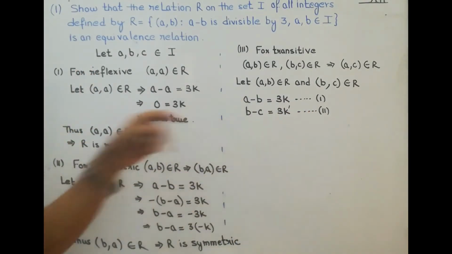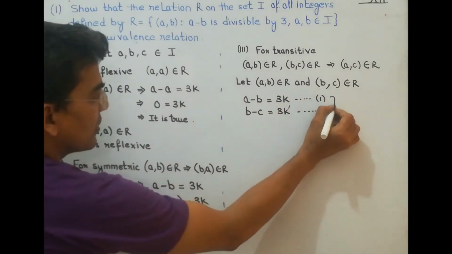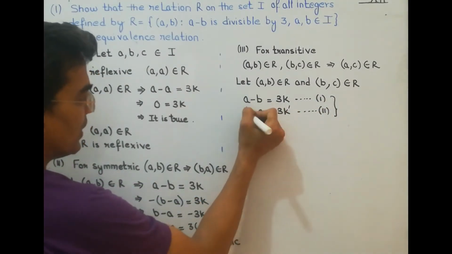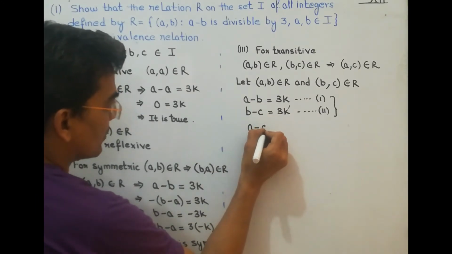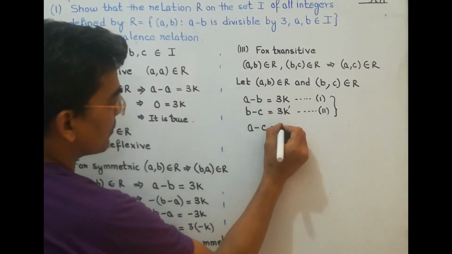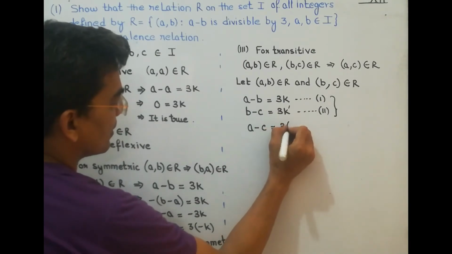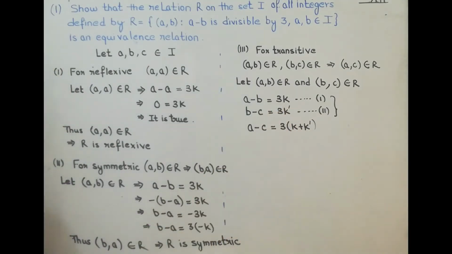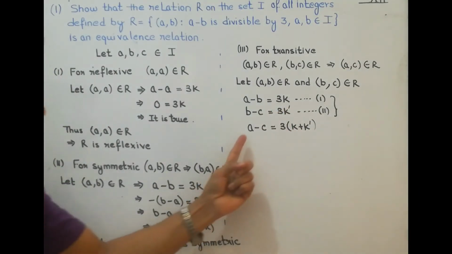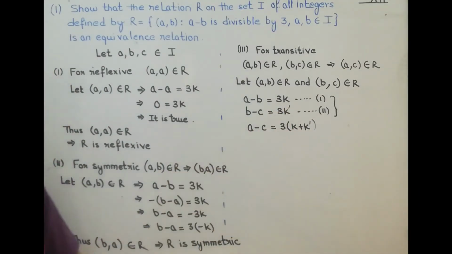Now if you add these two equations, b and b will cancel out. a minus c is equal to 3 times (k plus k dash), we are taking 3 common. So again you can see that a minus c is divisible by 3.